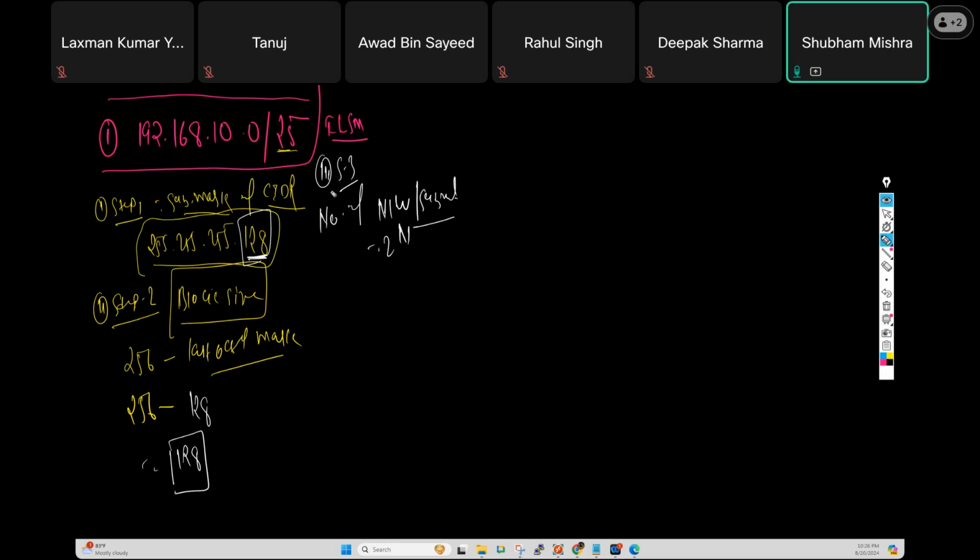Here n means the number of host bits which are converted into network bits. This is the meaning of n.